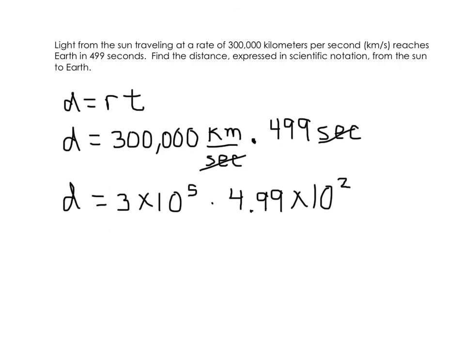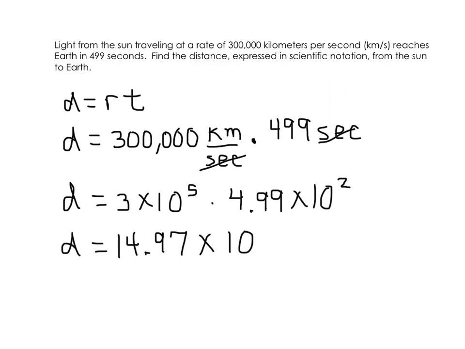We move the decimal 2 places. So 3 times 4.99, that's 14.97.